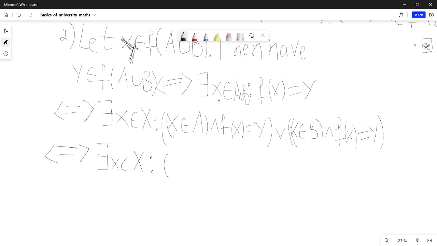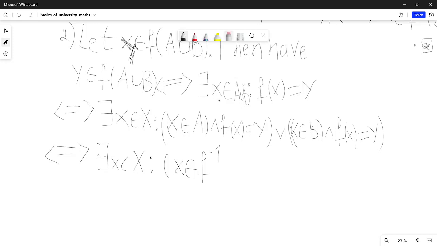Actually, we could have just taken such x and we would have seen, for this x tilde, f of x tilde is equal to y, and x tilde is in A, or x tilde is in B, and f of x tilde is equal to y, but we have written it like that, so that's why there is this "and", but actually that's just the definition of f minus 1.